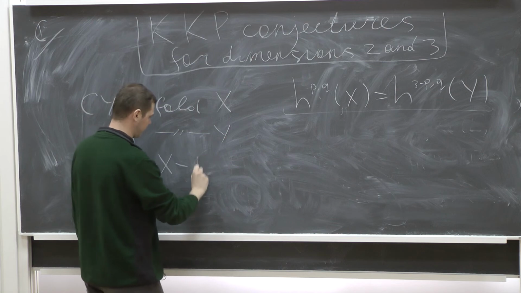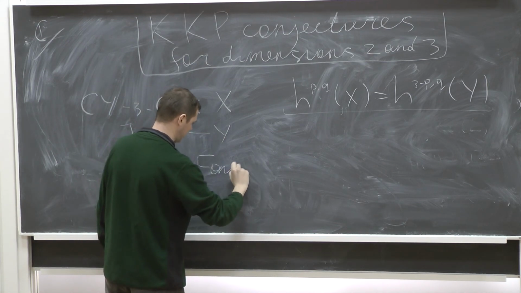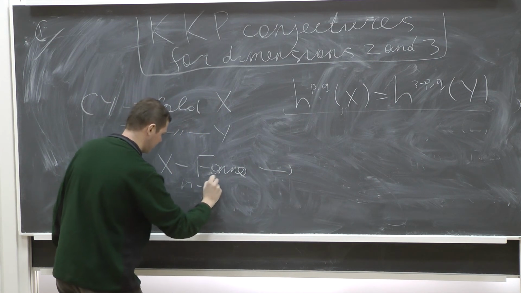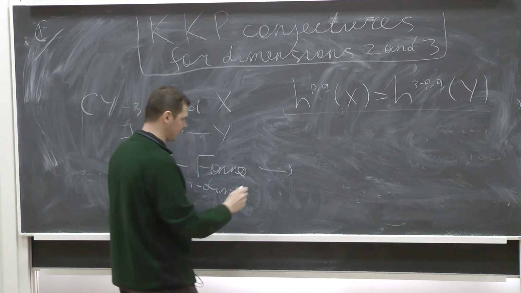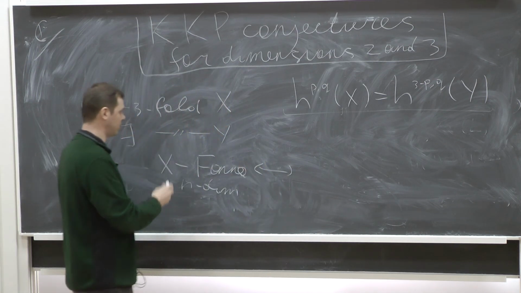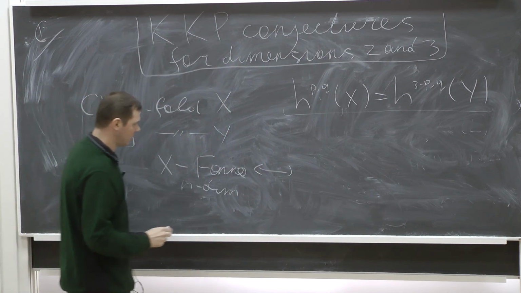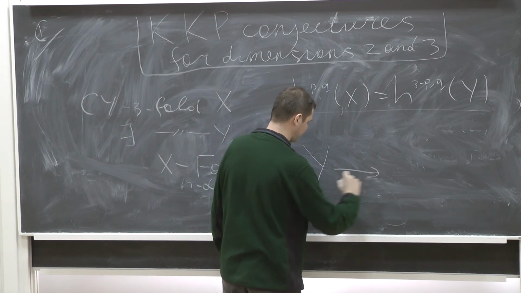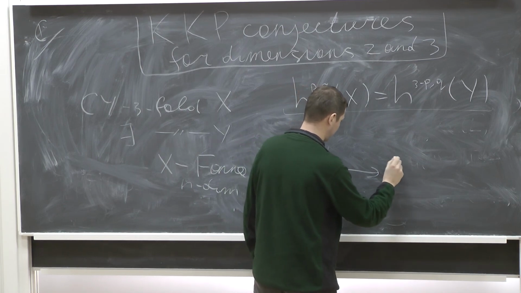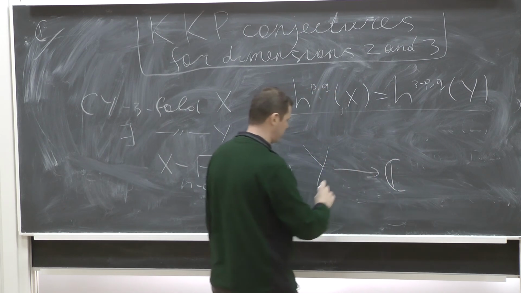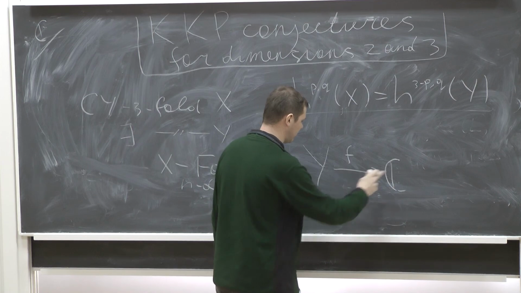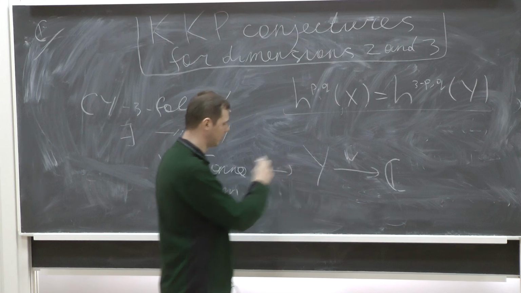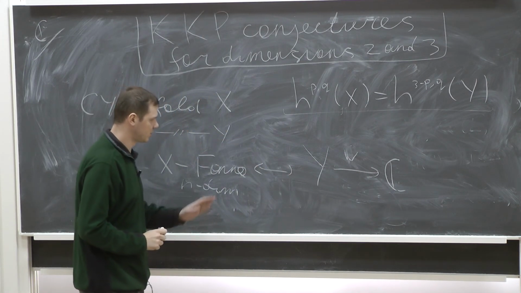If F is a smooth Fano, n-dimensional, its dual object is not a variety again, like in the Calabi-Yau case, but a so-called Landau-Ginzburg model. So some variety with a function, a potential, mapping to C, which I'll denote by W, satisfying certain conditions.